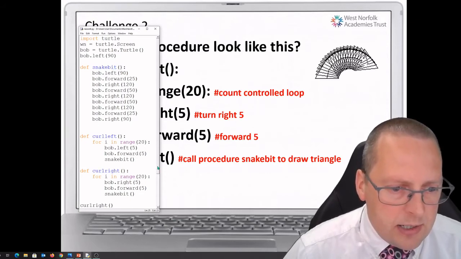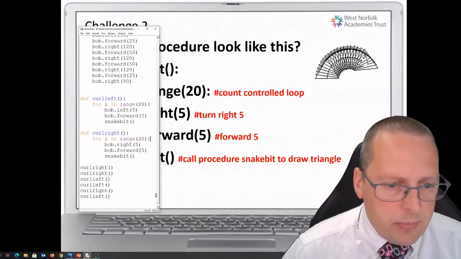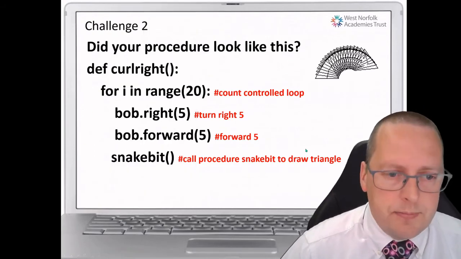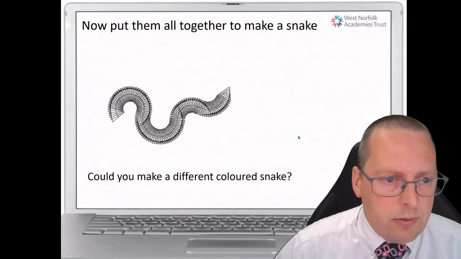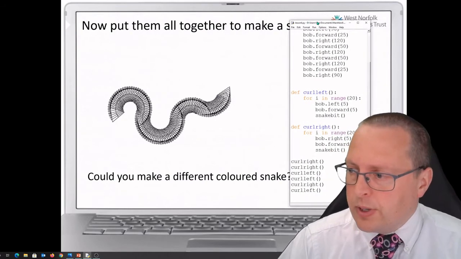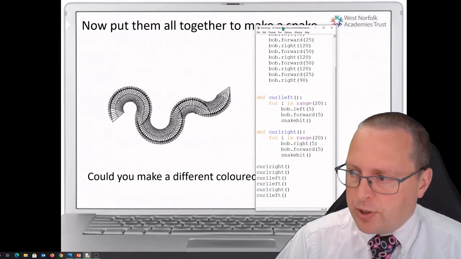And then we can tell it at the end, when I just move this on a little bit, and we'll have a look at the next slide. When we're telling it to put it all together, we can draw this part of our snake.